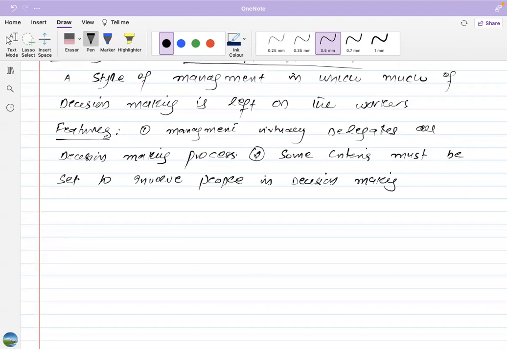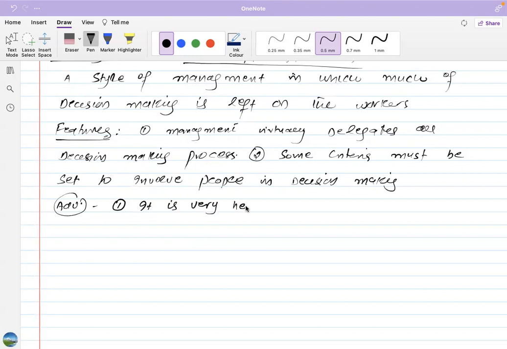If we talk about the advantages of the laissez-faire style of leadership, first of all, it is very helpful to maximize the full potential of people.